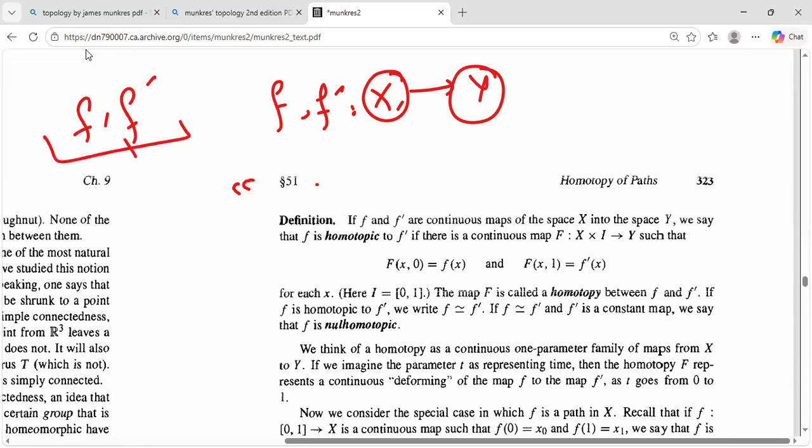What is the definition of continuous functions? You can see this in the topology portion and topology playlist.